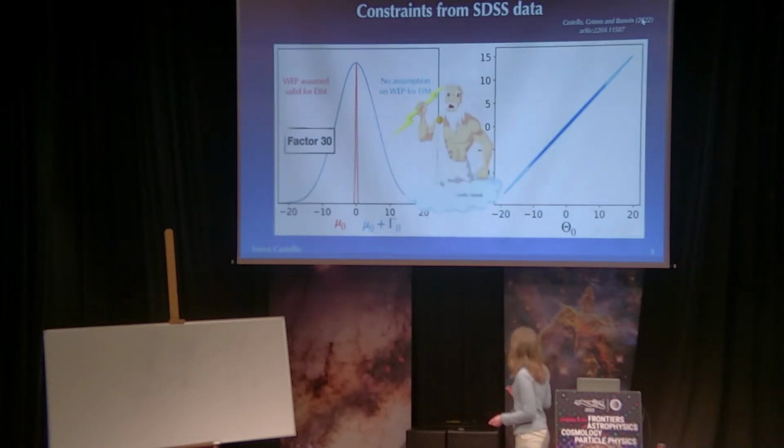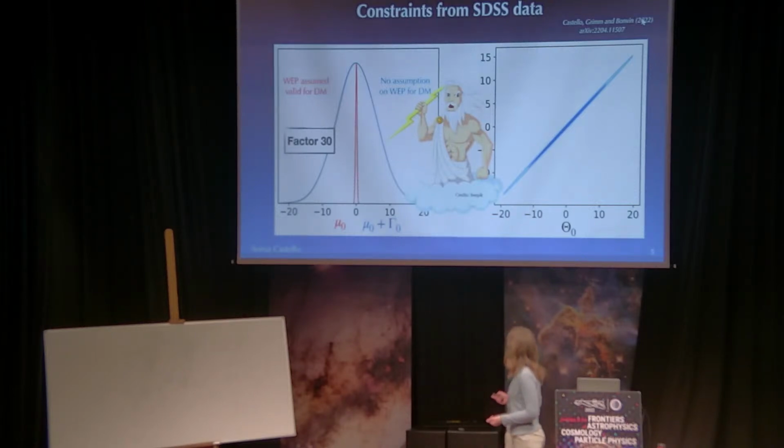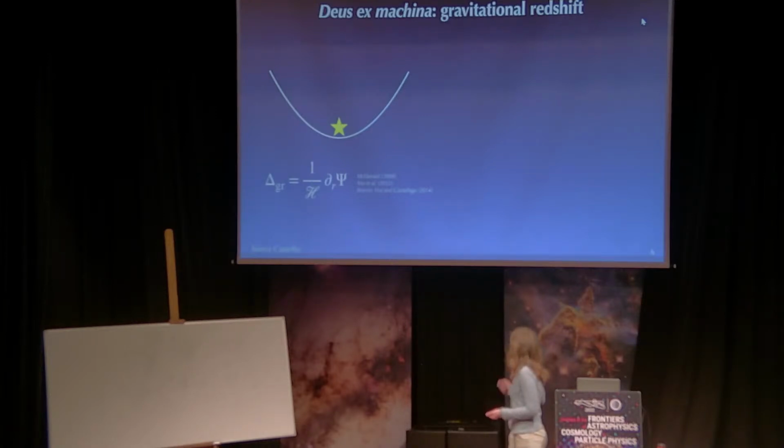And the answer is actually yes, because there is what we finally call the deus ex machina, because it's literally like a divinity coming from the sky, and as in ancient Greek theater plays, it saves our situation, it saves our constraints. And this deus ex machina is a new observable, which is the effect of gravitational redshift, which occurs when we have galaxies that are sitting at the bottom of gravitational potentials.